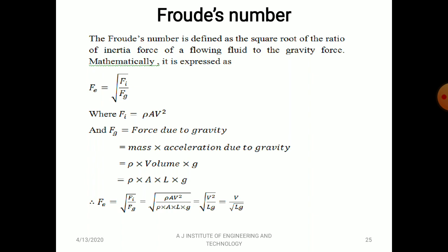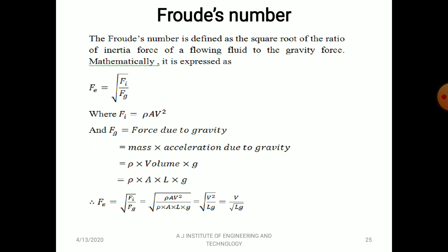Fg is the force due to gravity. Gravitational force comes into picture when there is a weight parameter, W equal to mg, mass into acceleration due to gravity. Mass you have to replace by density into volume, because rho equal to mass by volume. Volume is area into length, so it becomes rho A L g.